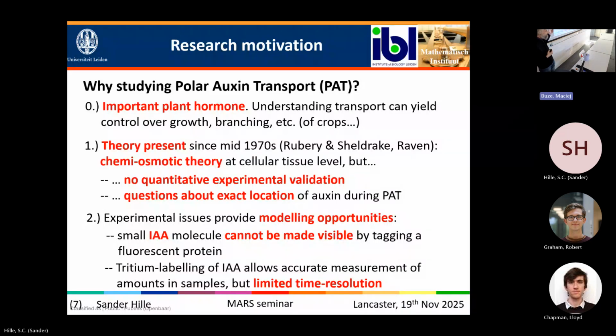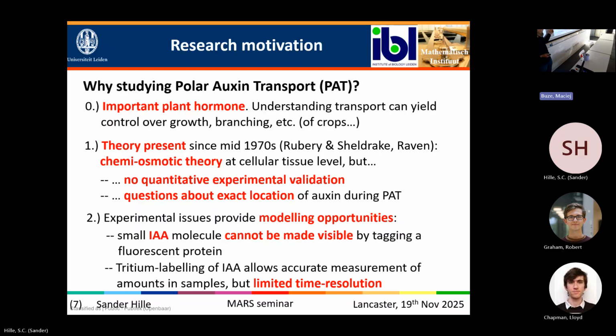The molecule is very small, so you cannot attach a fluorescent protein, for instance, to this small molecule and make it visible in the plant, because that would be something like attaching a huge ship to a small sailing boat, and then all properties of the original molecule are gone.